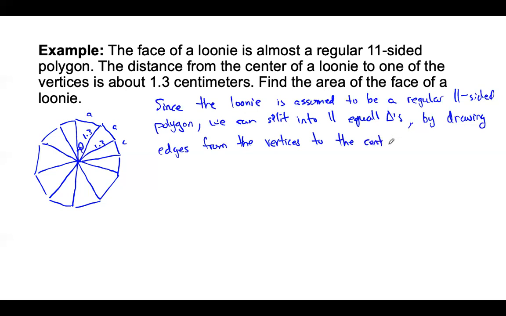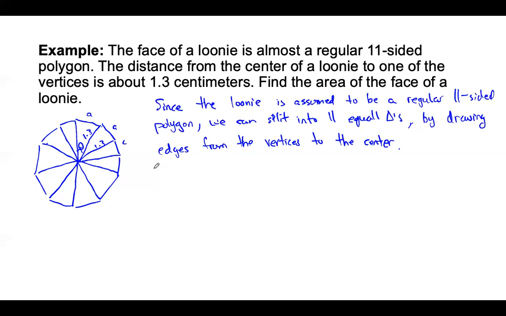Okay. So like we did before, we can find that angle. We have 11 basic triangles here: 1, 2, 3, 4, ... 11.